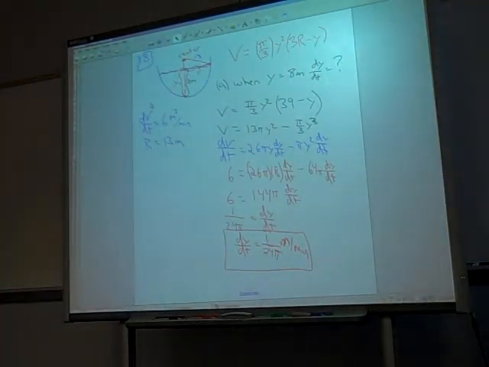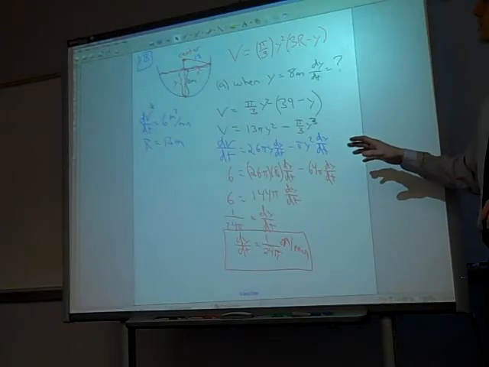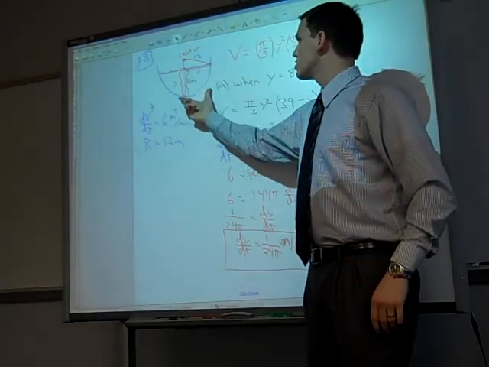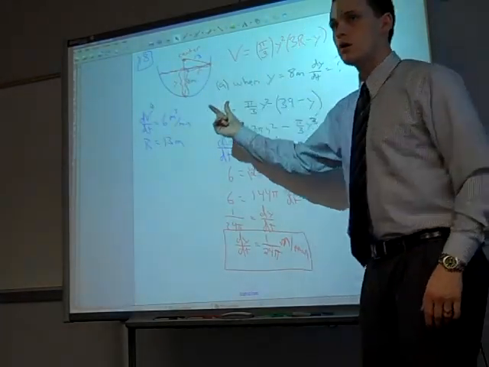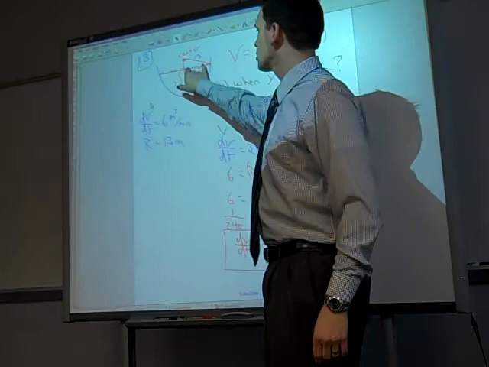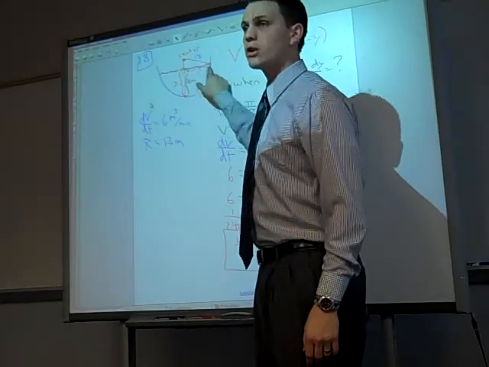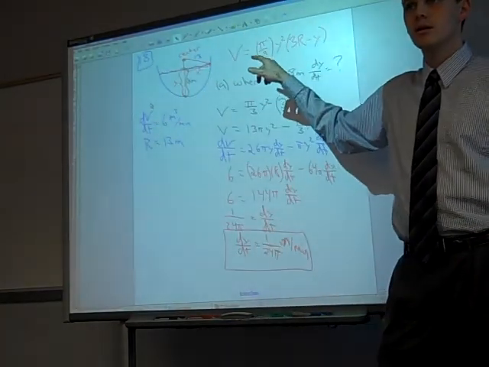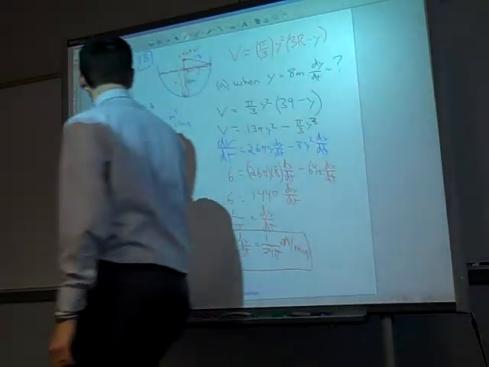Part B says at what rate is the radius changing when the water is 8 meters deep? Okay, so the radius, as this goes down, little r will change. Well, this little r will change as the triangle changes, right? So we can use the Pythagorean theorem.